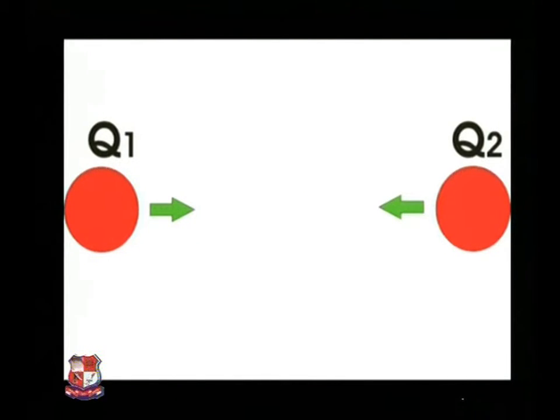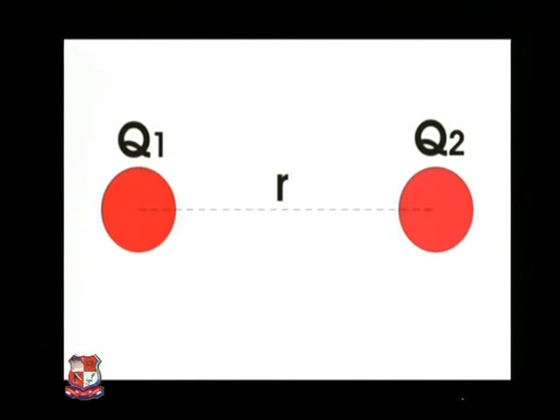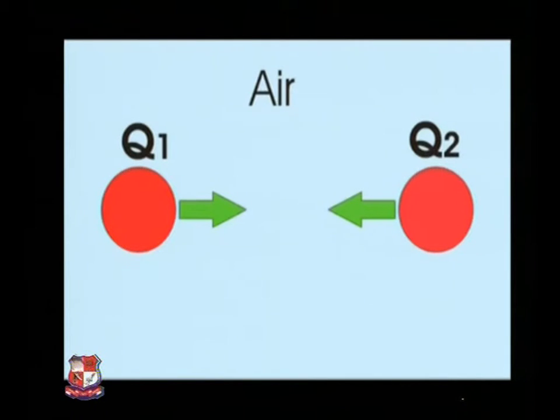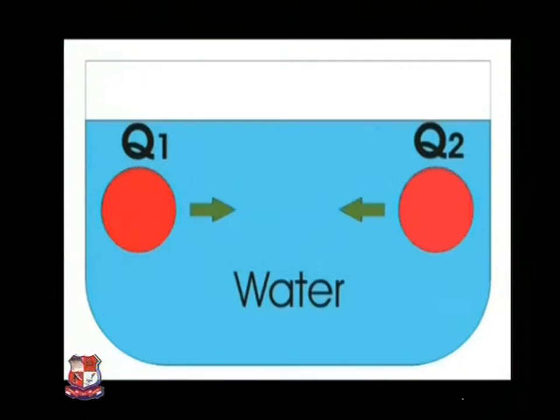If the distance between their centers is r, it can be proved that the force acting on them is inversely proportional to r square. It is also obvious that this force is not the same for every medium. For example, if the bodies are kept in air, the force is different from the force when they are kept in water.